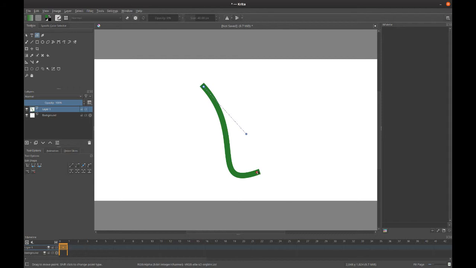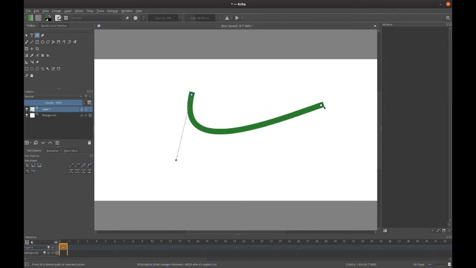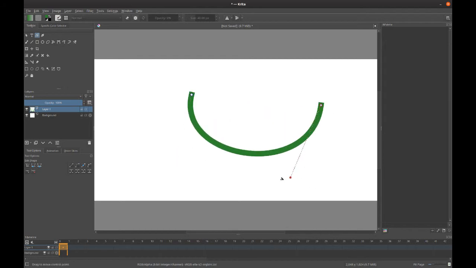Start point, end point, starting control point. I'm going to move them. Start point is the one I'm moving here. End point, I'm going to put it over here. Start control point and end control point.